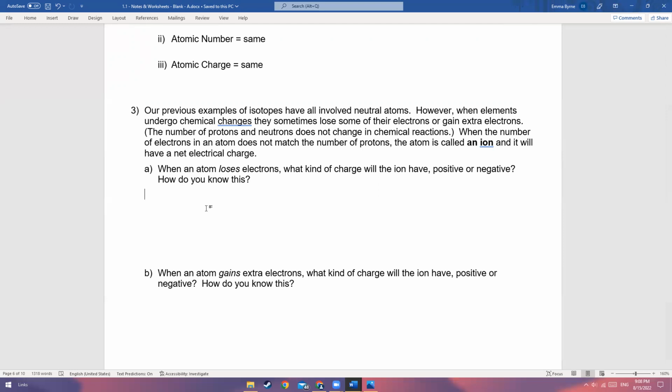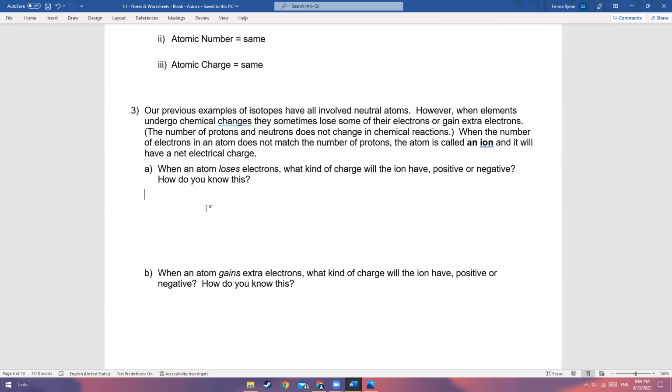However, as we mentioned earlier in class, when elements undergo chemical changes, they sometimes lose some of their electrons or gain extra electrons. That's what allows them to participate in chemical bonding. So their charge will sometimes change, so they have higher affinity to certain atoms.